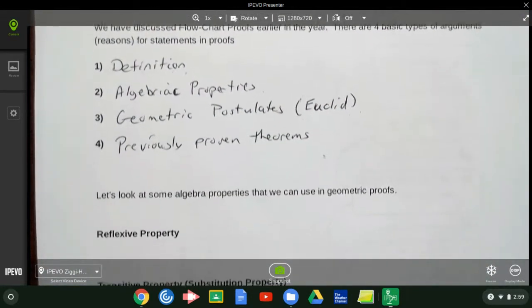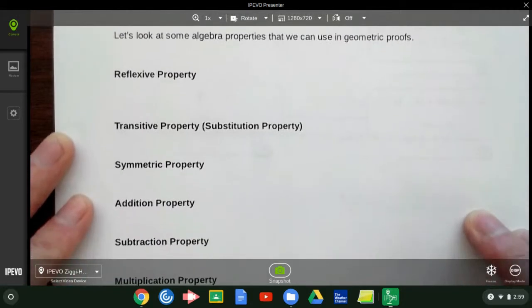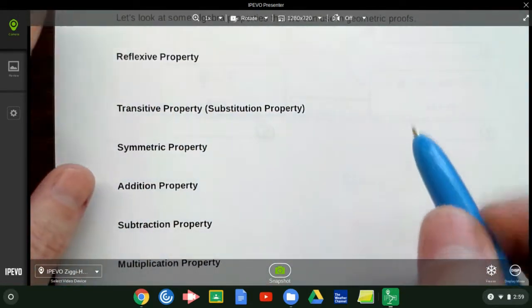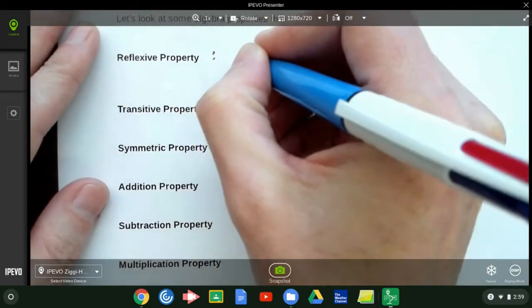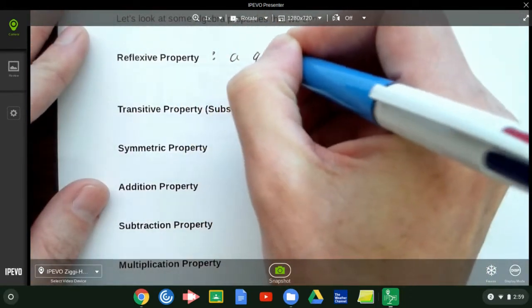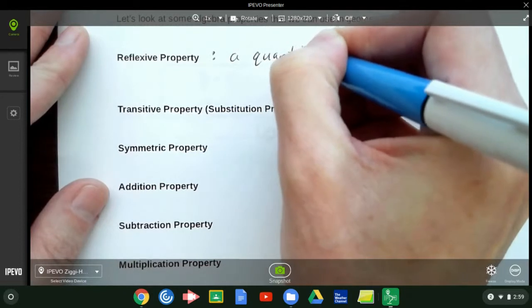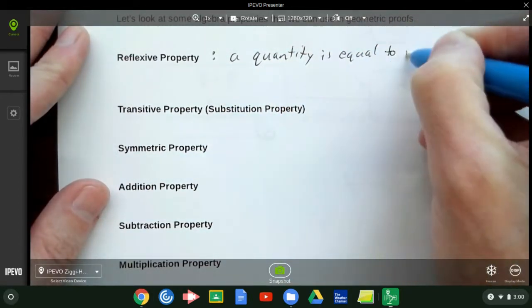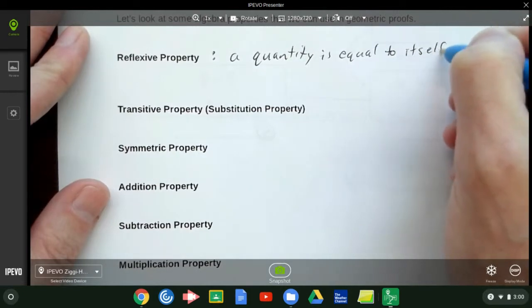So let's look at some basic algebraic properties that you know. The reflexive property. This is one from ages ago. Reflexive property says a quantity is equal to itself.